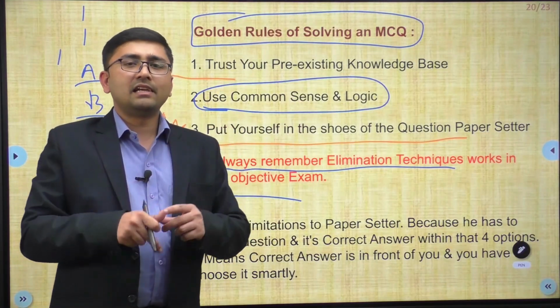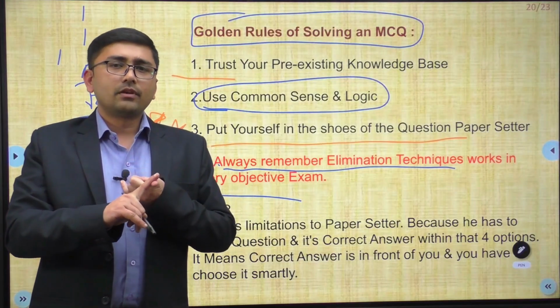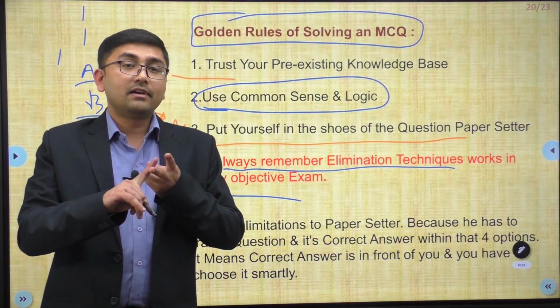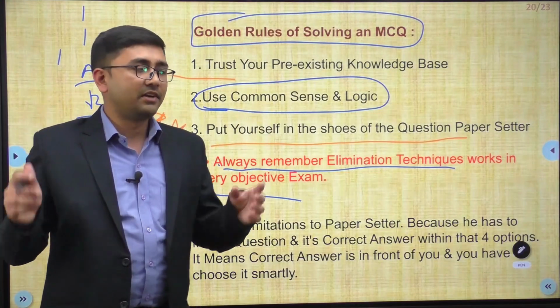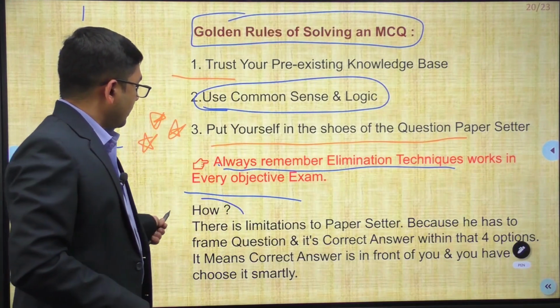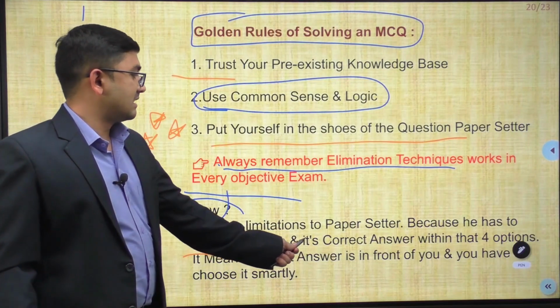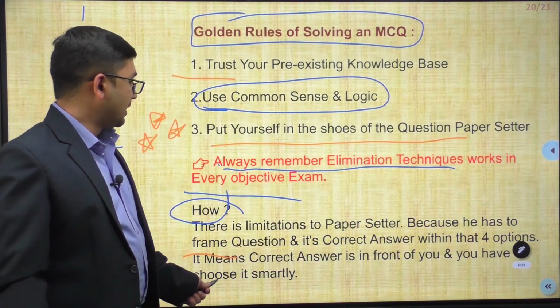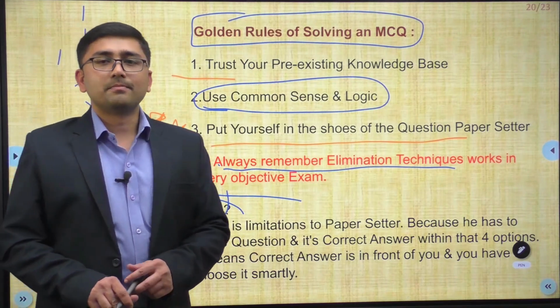The paper will test aptitude, logical understanding, and the risk-taking ability of the aspirant. There are so many traits while setting that paper. There is a limitation to the paper setter because he has to frame questions and the correct answer within the 4 options. It means the correct answer is in front of you and you have to choose it smartly.